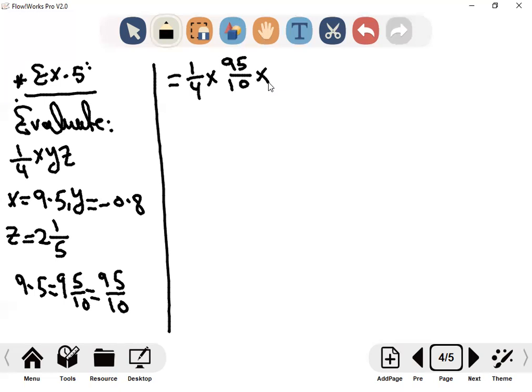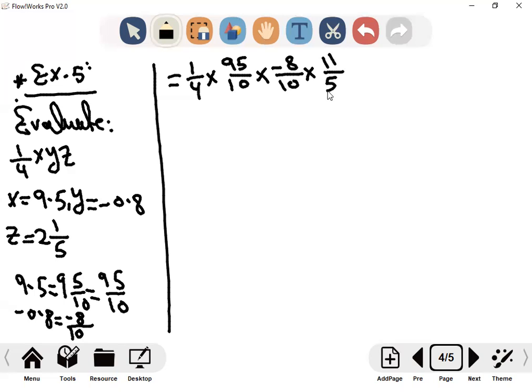Y is negative 0.8. The negative 0.8, it is negative 8 over 10. Right? Put it in place. Multiply z. How much is the z? 2 and 1 over 5. Turn it to a fraction and put it here. What does it become? 11 over 5.